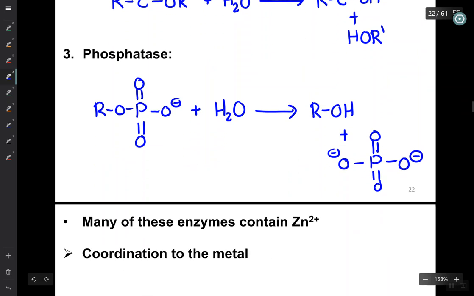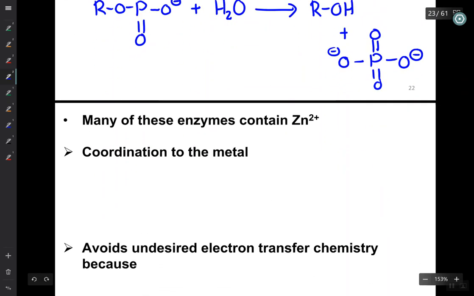So many of these hydrolytic enzymes contain the zinc ion, zinc 2+, because coordination to the metal lowers the pKa of the metal-containing ligand.